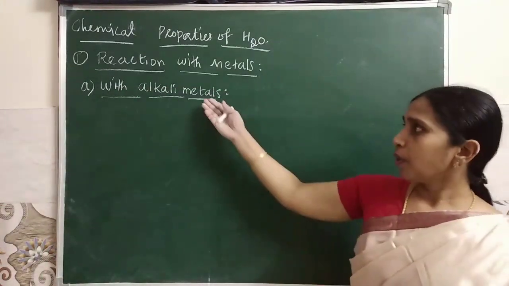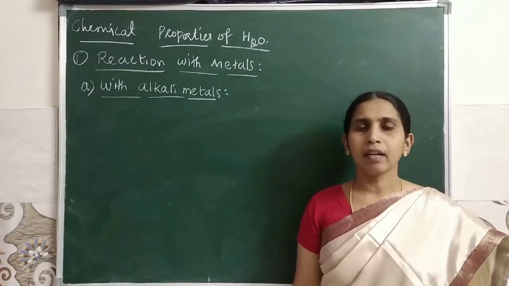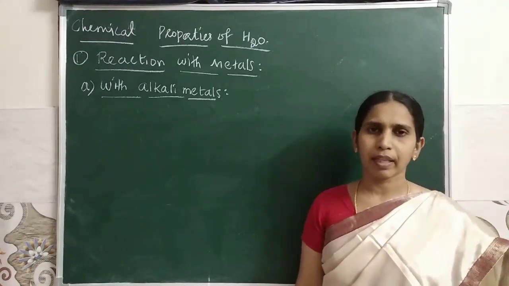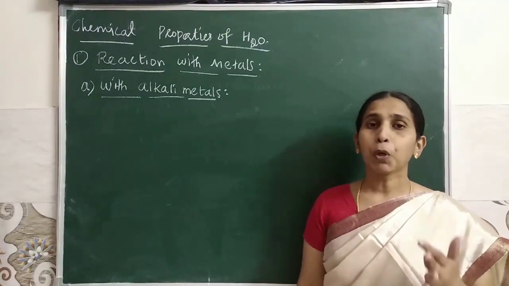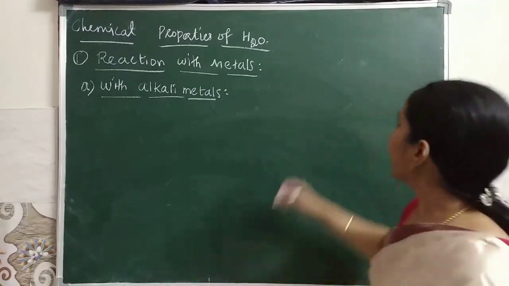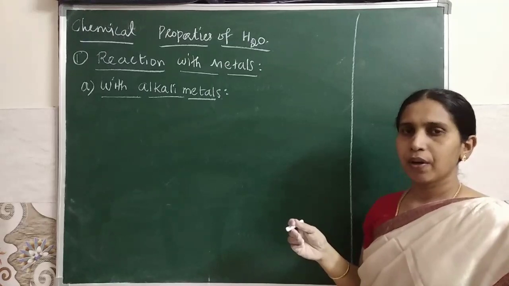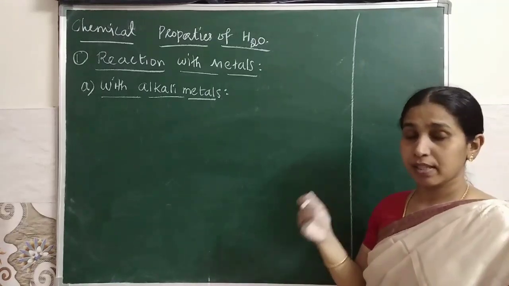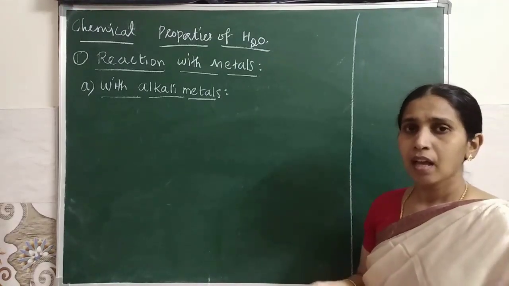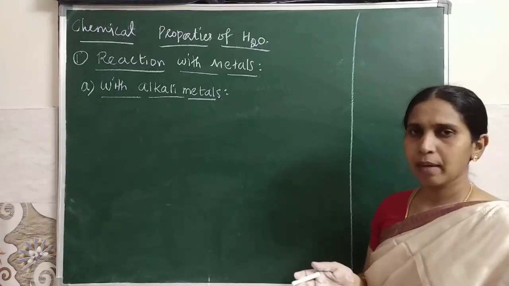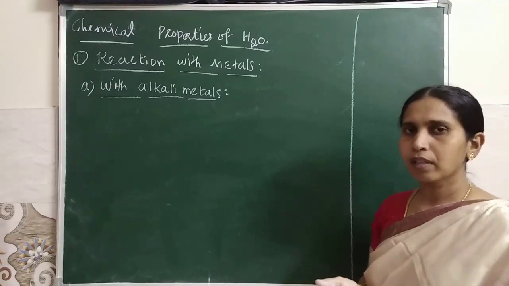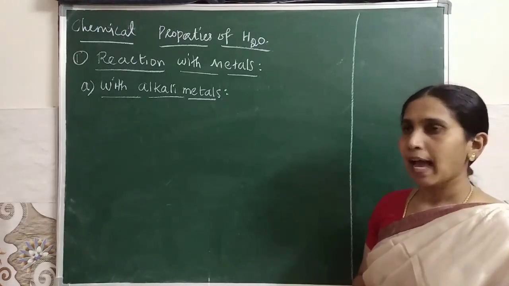Do you all know what the elements in alkali metals are, or what the elements in group 1 are? We saw in the first video how we can justify the position of hydrogen in the periodic table: hydrogen behaves as both alkali metal as well as halogen.